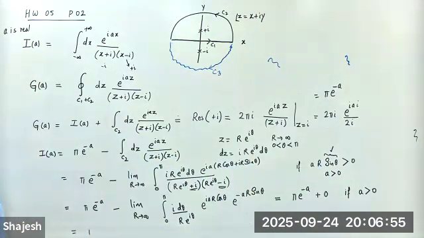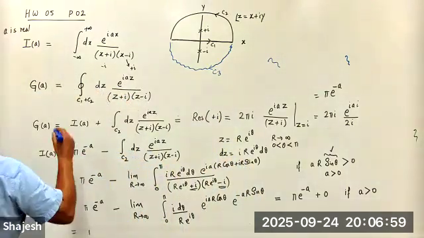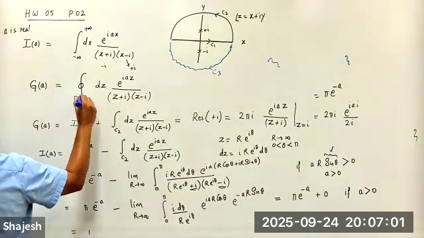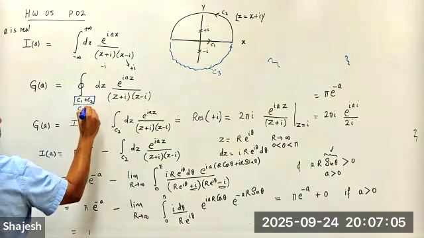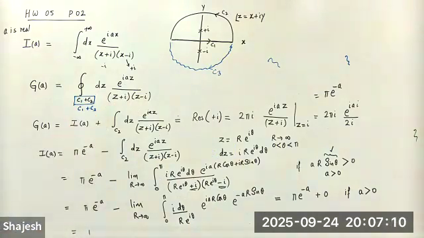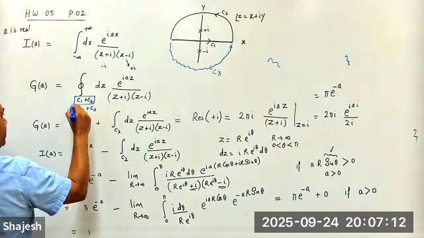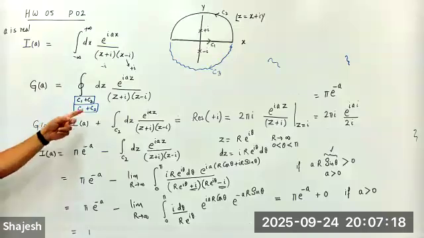This time, I still write my g of z here. What do I change? I'm going to box whatever I change. This one is going to be C1 plus C3. Is that clear what I changed? Instead of C1 plus C2, I made it C1 plus C3 this time.